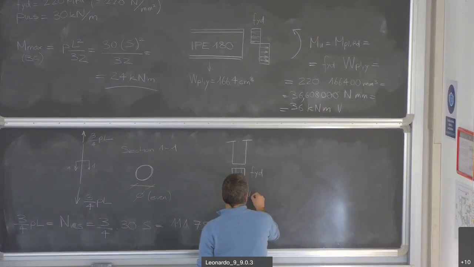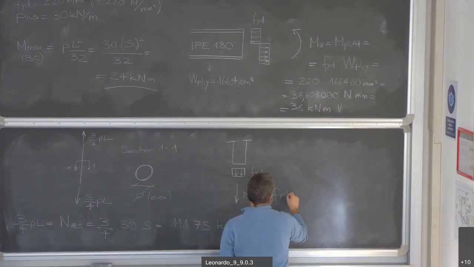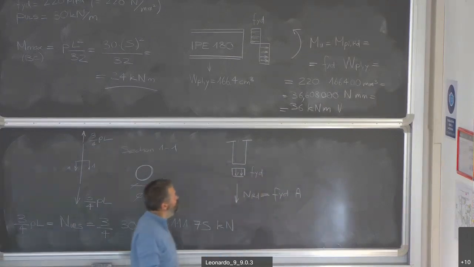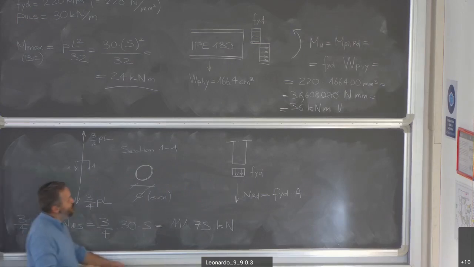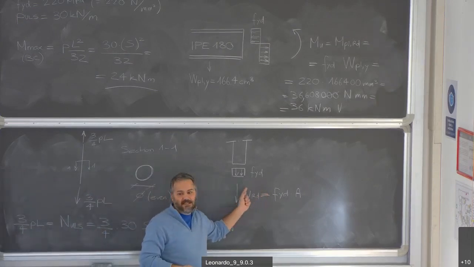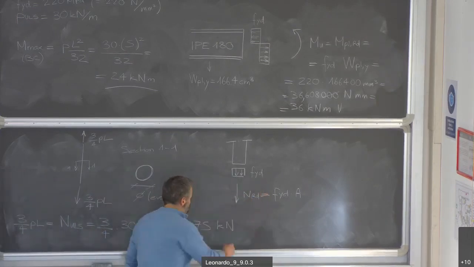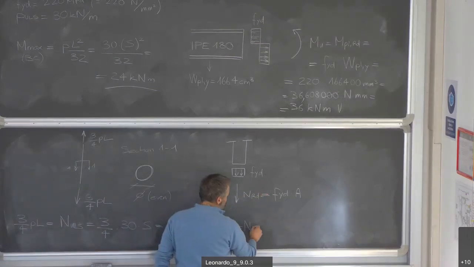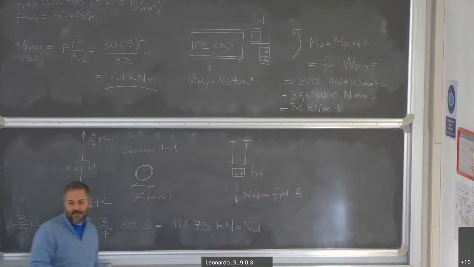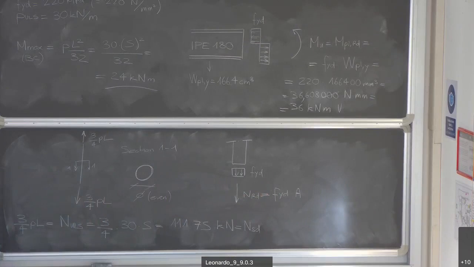This gives you the resistant axial force, whose value is simply FYD times A, whereby A is the area of the section. Now, if I have to design, how can I do that? I have to make sure that this NRD, resistant axial force, is larger than this acting axial force, NSD. What is my unknown in this case? It was clearly mentioned.